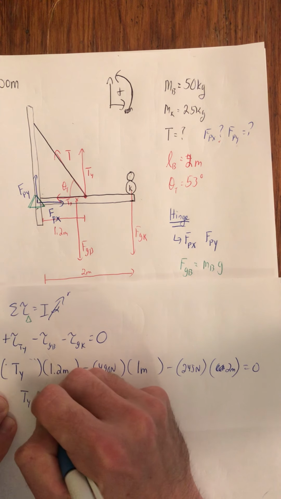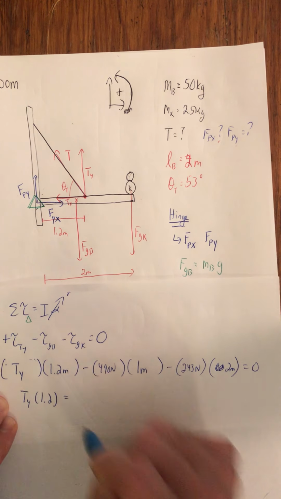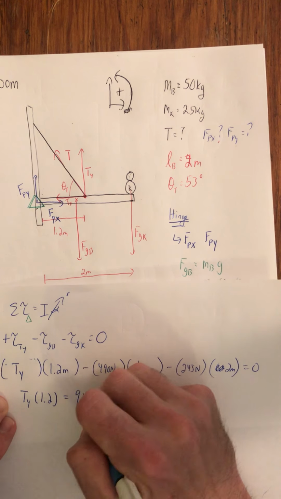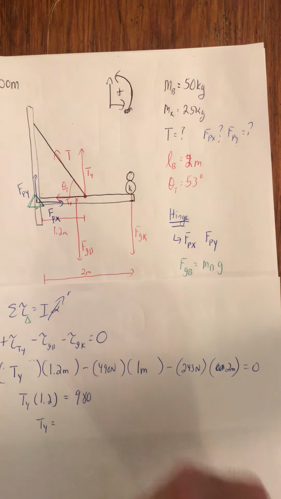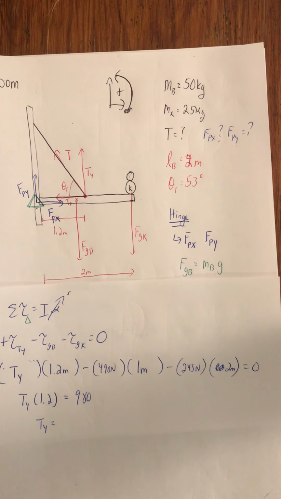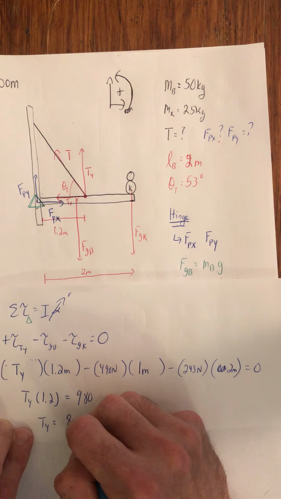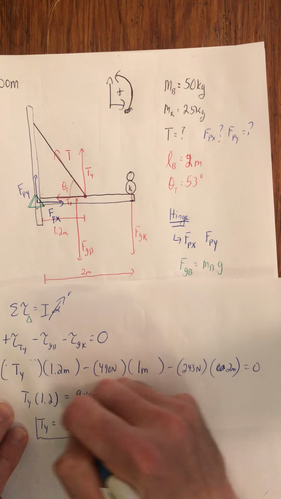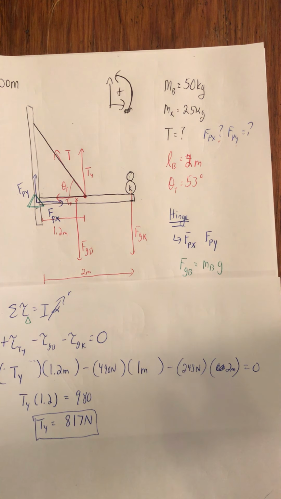So I've got Ty times 1.2 is equal to, that's 490, that's 490, so that's 980. So it looks like Ty is equal to 980 divided by 1.2. Ty is equal to 817 newtons, give or take a little bit of rounding. So there we go.